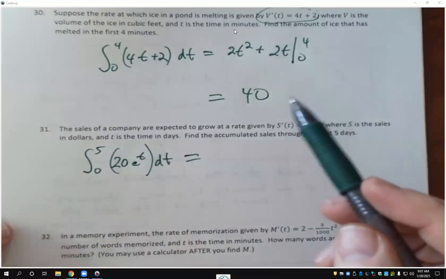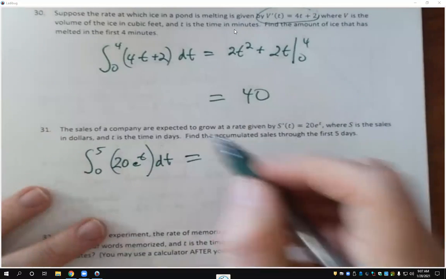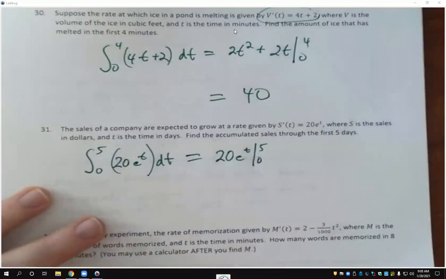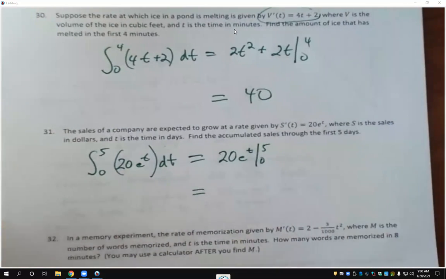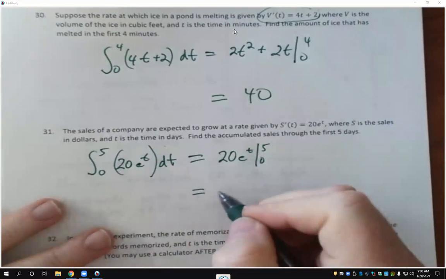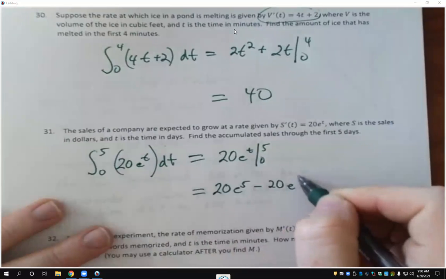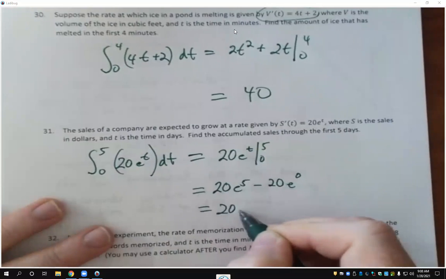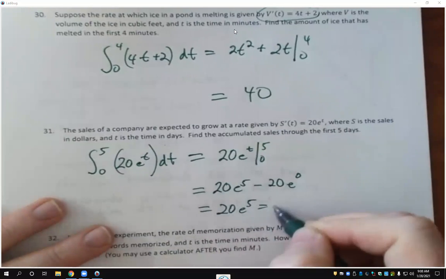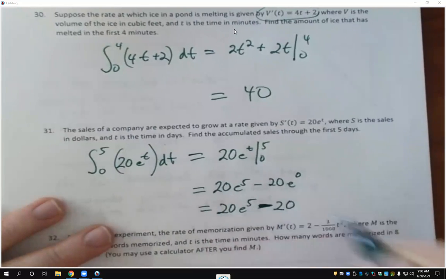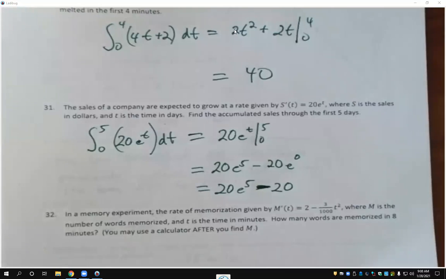All right, this one's a good one because the antiderivative of 20 e to the t is 20 e to the t. And we're going to evaluate that from 0 to 5. This one we could actually finish really quickly. It'd be 20 e to the 5 minus 20 e to the 0. e to the 0 is 1, so this would be minus 20. All right, one more.